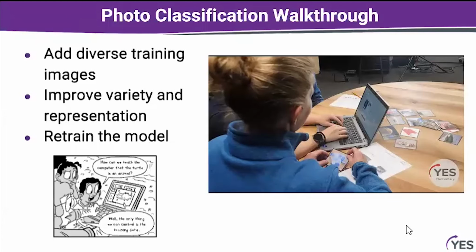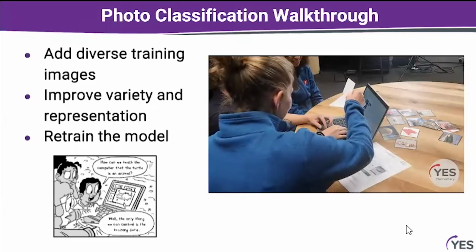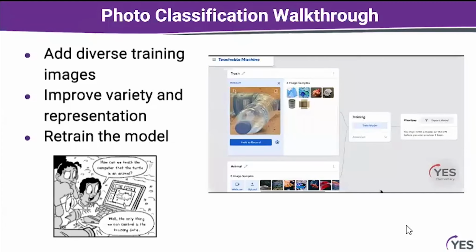The photo holder holds up a training photo to the webcam so that only the image on the card is visible to the camera. The trainer clicks on Hold to Record until the image appears in the computer's training data. It's okay if the same image appears more than once.